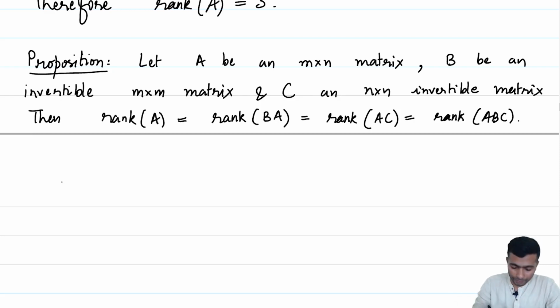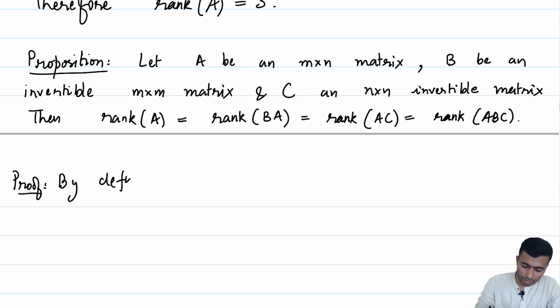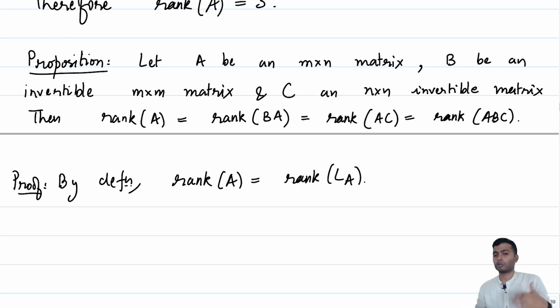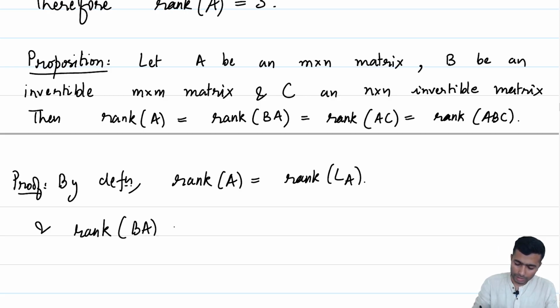What is the rank of A? By definition, so let us give a proof. By definition, the rank of A is the rank of the linear transformation L_A. And how about the rank of BA? The rank of BA is the rank of L_{BA}.